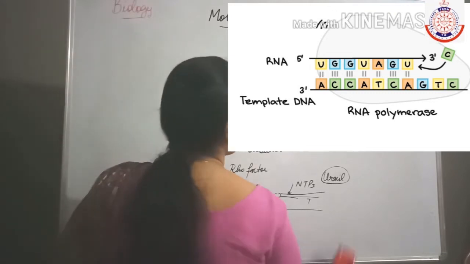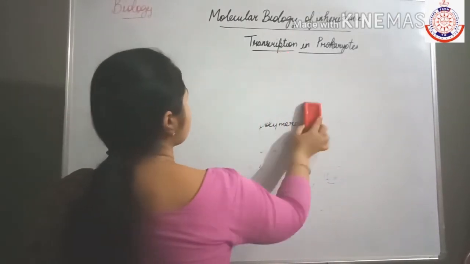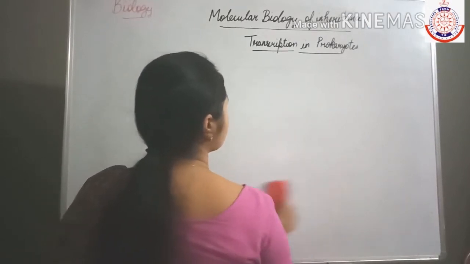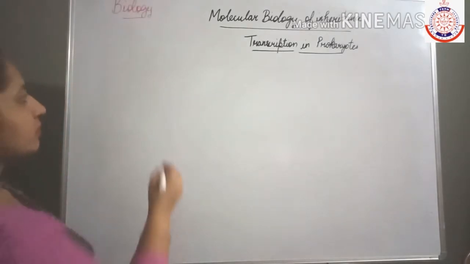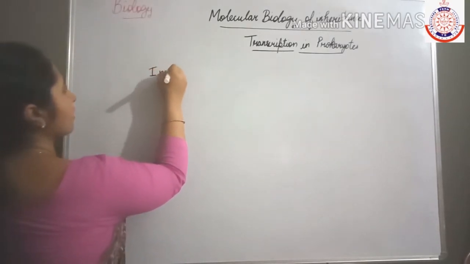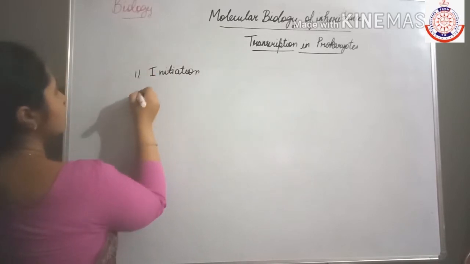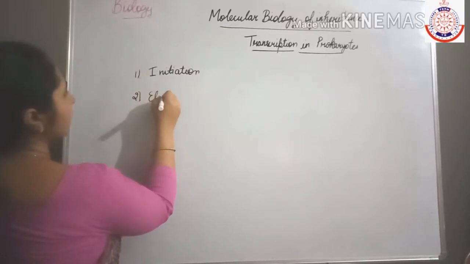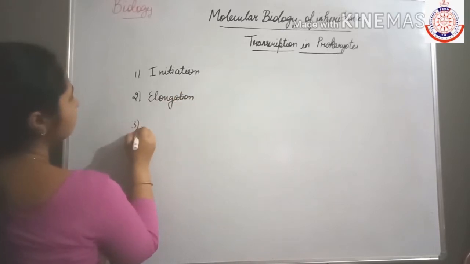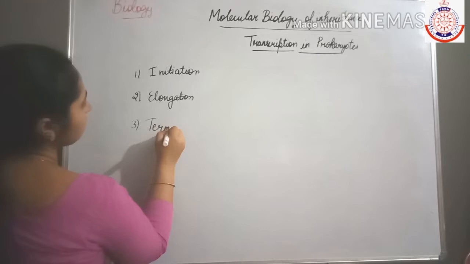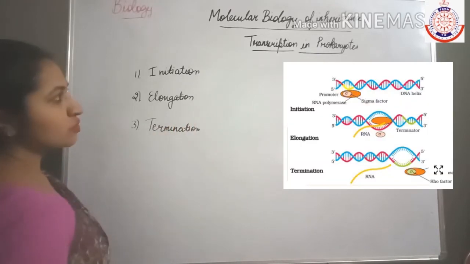Now next we will discuss the transcription process in prokaryotes in detail. So there are three processes. First, initiation. Second, elongation. And third, termination.